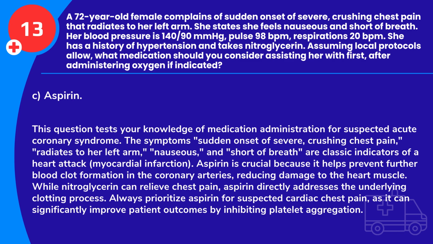Aspirin is crucial because it helps prevent further blood clot formation in the coronary arteries, reducing damage to the heart muscle. While nitroglycerin can relieve chest pain, aspirin directly addresses the underlying clotting process. Always prioritize aspirin for suspected cardiac chest pain, as it can significantly improve patient outcomes by inhibiting platelet aggregation.